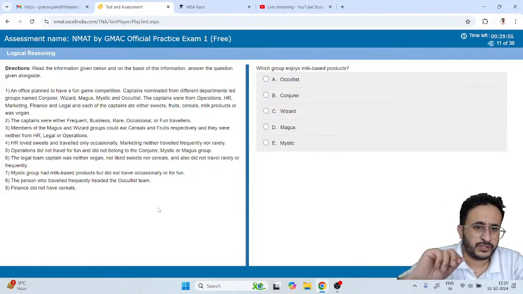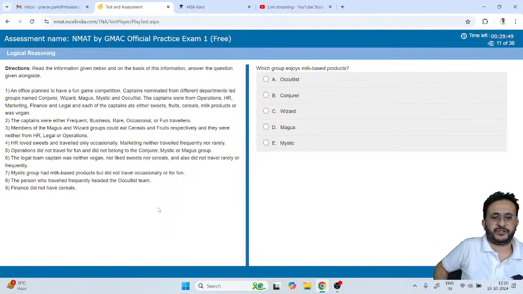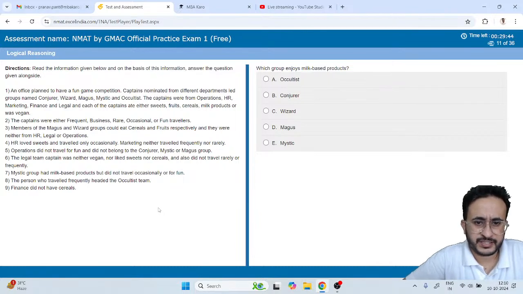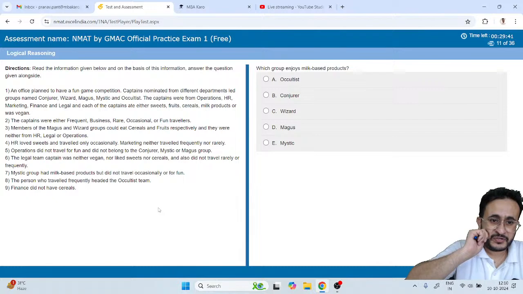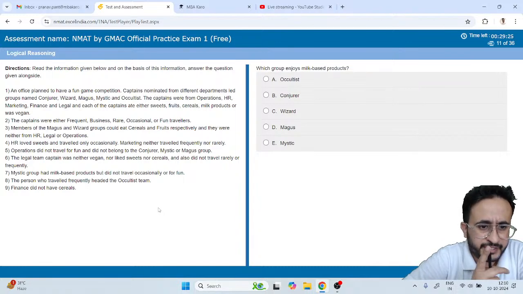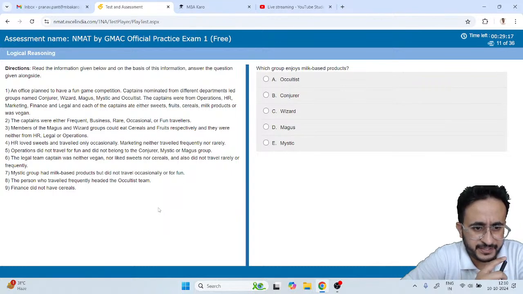Okay, so there are captains from different groups. The captains were from operations, HR, legal, and so on; sweets, fruit, cereal, milk product, or vegans; frequent business, rare occasion, or fun travelers. Now we will need to see, there are five teams, right?